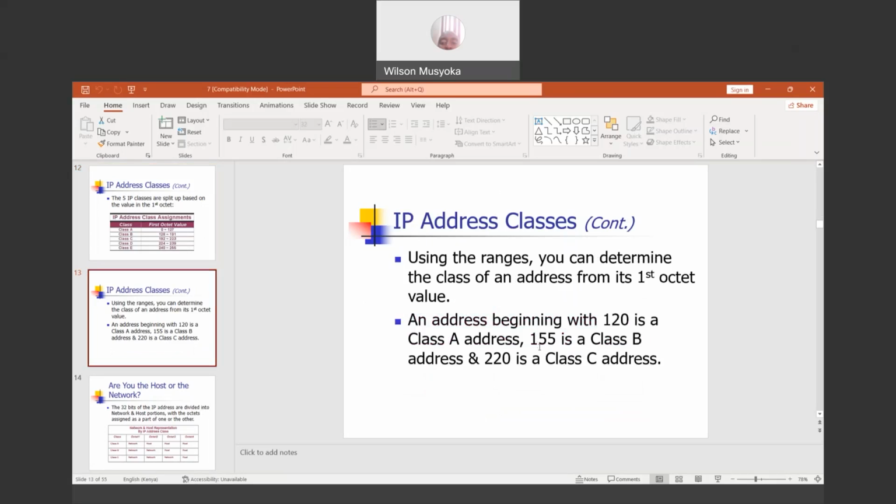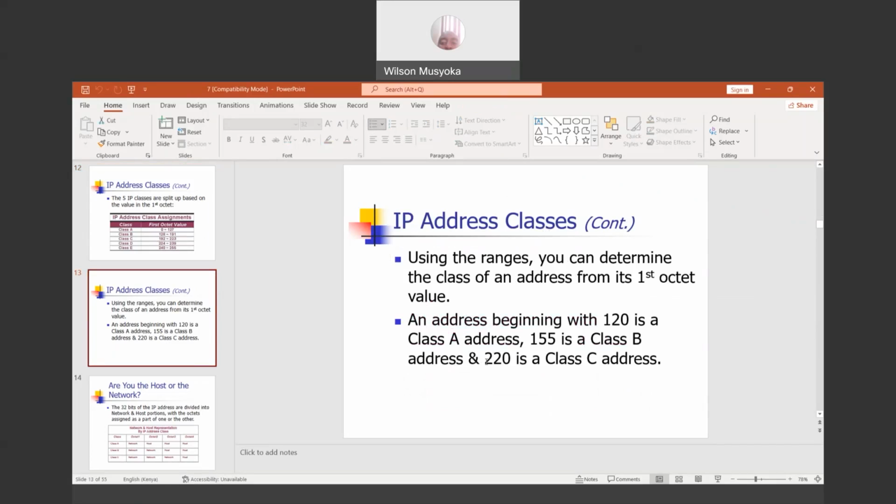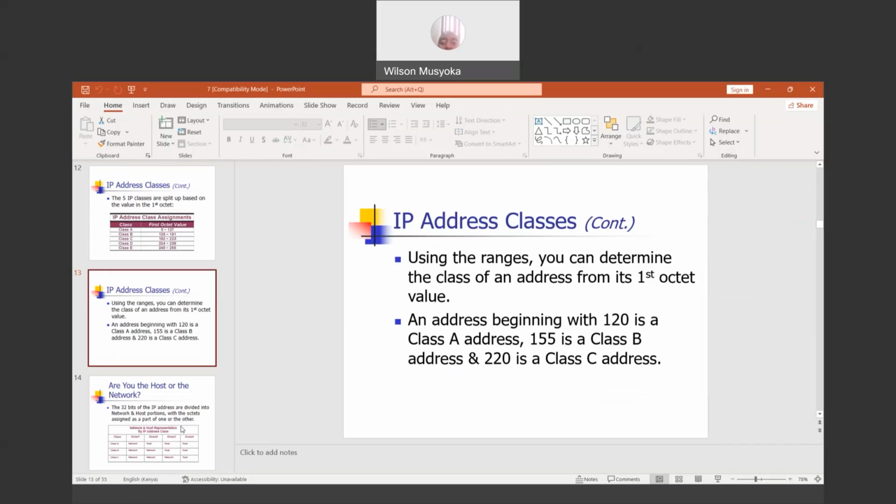If an IP address is like 155, that is class B. Why? Because we have said class B addresses start from 128 up to 191. And then if an address starts with 220 or even 192, that is a class C address, because we have said class C addresses begin from 192 up to 223. So I hope that one is also clear.